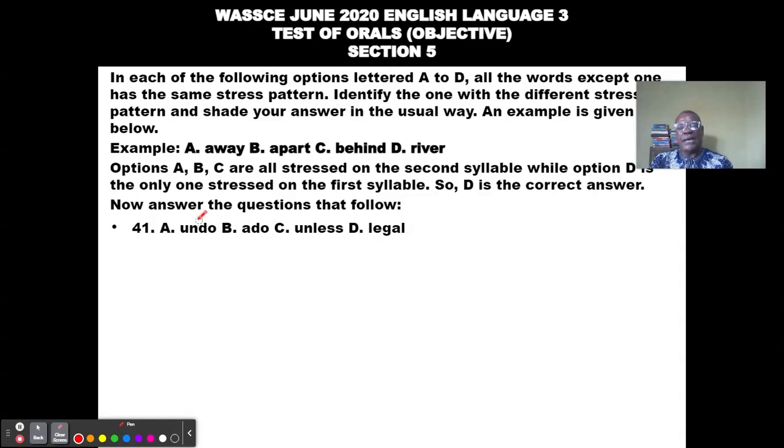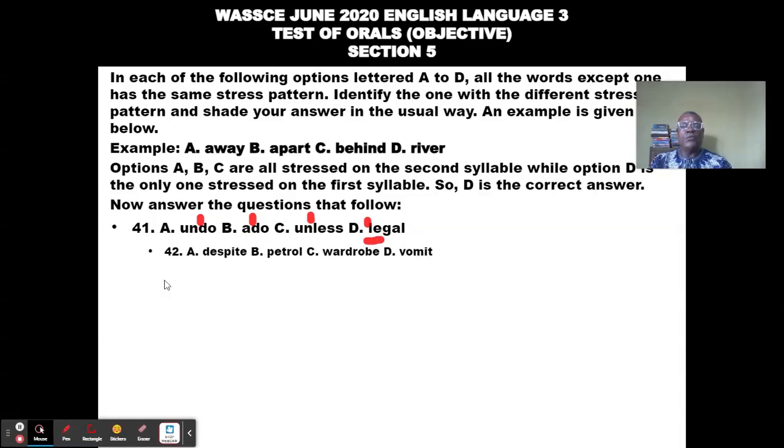So if you look at this, stress is here, stress is here, stress is here, and here stress is on the first syllable. So this is correct. Legal, unless, ado, undo. Okay, so that's the way to pick the word with the different stress pattern.